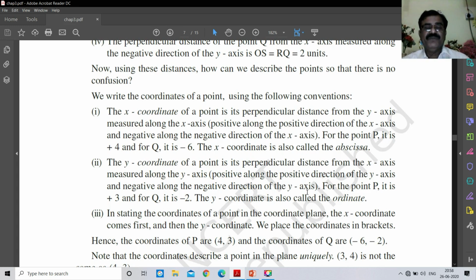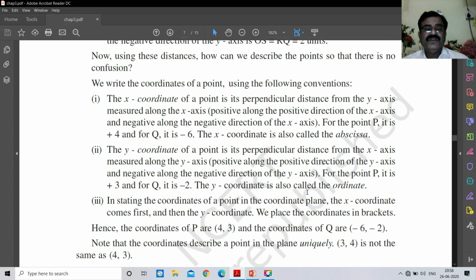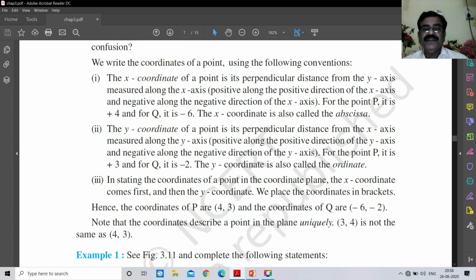For example, point P can be written as (4, 3), while the coordinates of Q are (-6, -2), both in one bracket. Note that coordinates describe a point in the plane uniquely. (3, 4) is not the same as (4, 3).